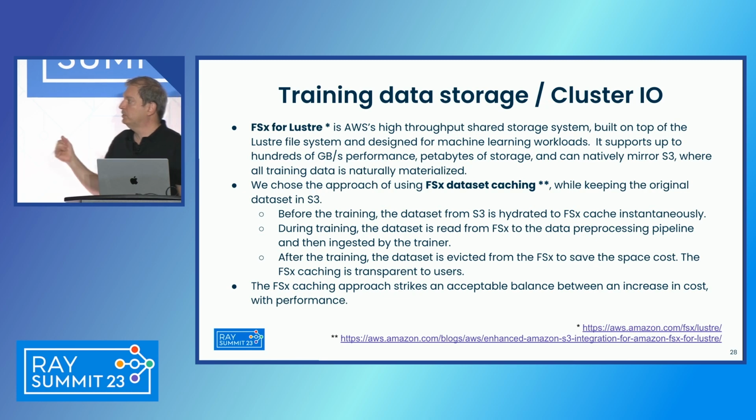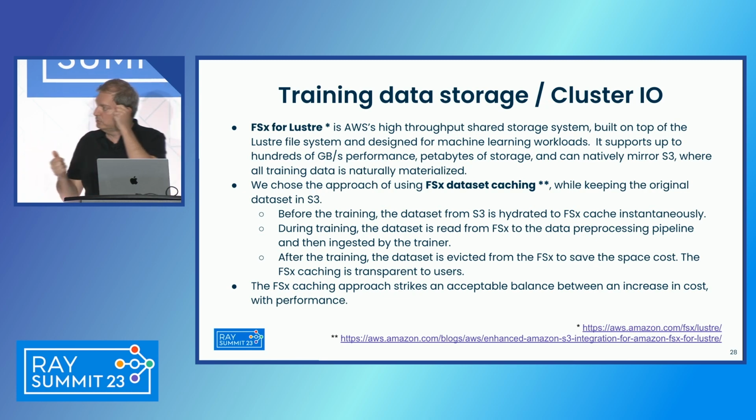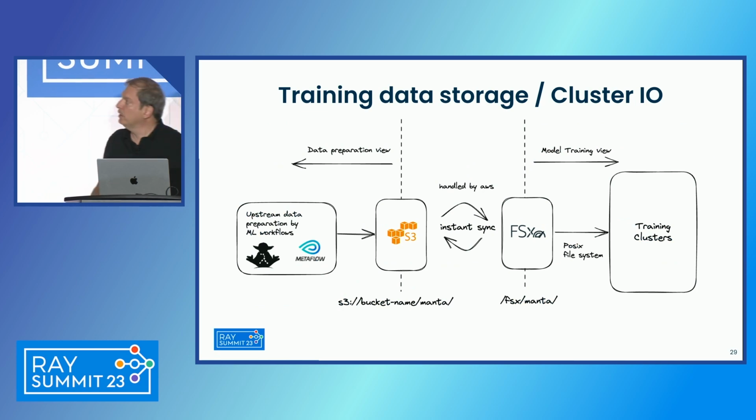Here we described a little bit in words, but I will switch to a picture. As my colleague described, we use FSx, the file system, with a backup on S3. That means all the pipelines that produce data in the company, which are in different clusters, in a different environment with a different scheduler, produce and materialize the data that lives in S3.